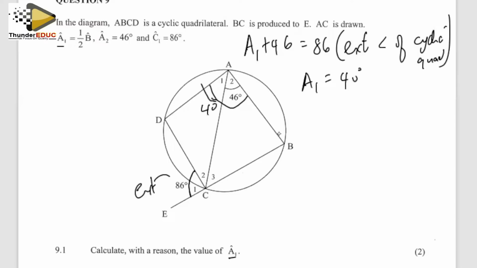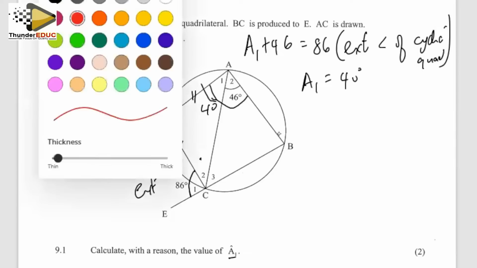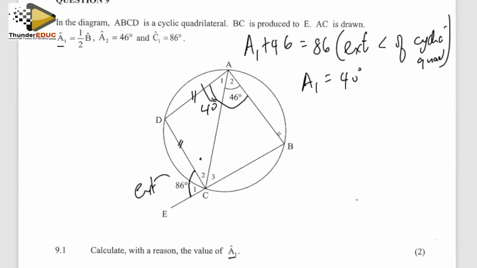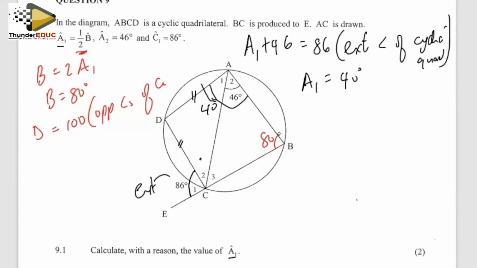All right. So if A1 is 40, they want us to prove that AD is the same as DC. For us to prove that, we just need to make sure that C2 is 40. That's the only thing we have to do. So what are we going to do? Let's use this. B is going to be twice A1, which means that our B is going to be 80 degrees. And then angle D is going to be 100. Reason, opposite angles of a cyclic quad. So this is 100.